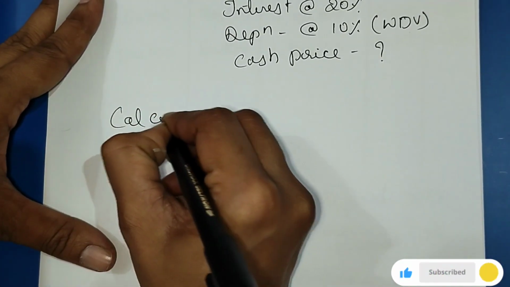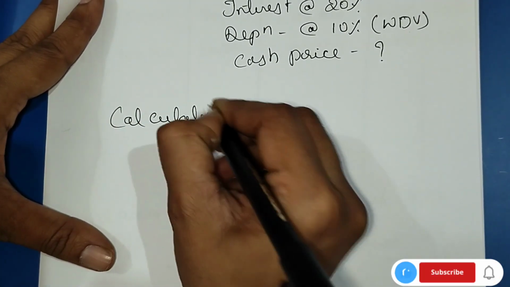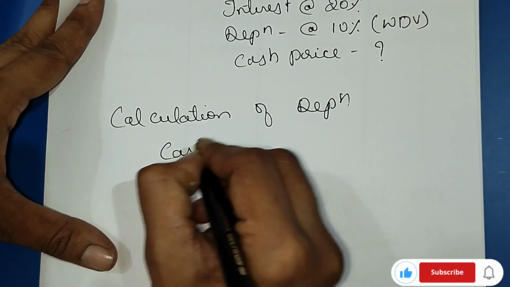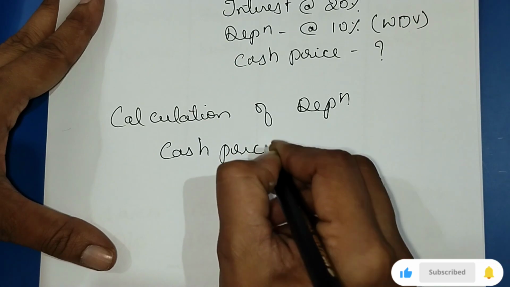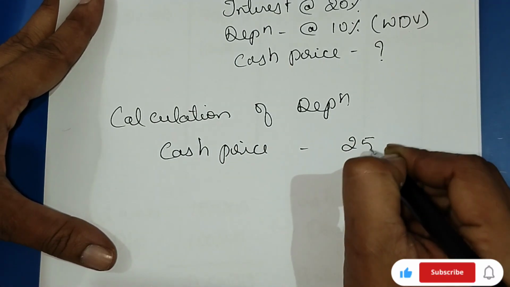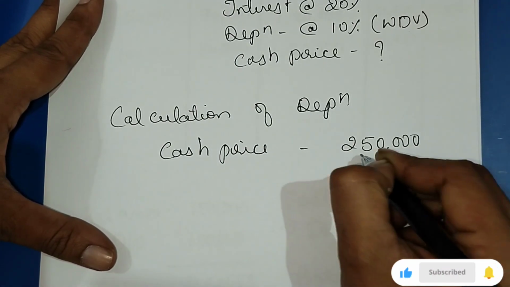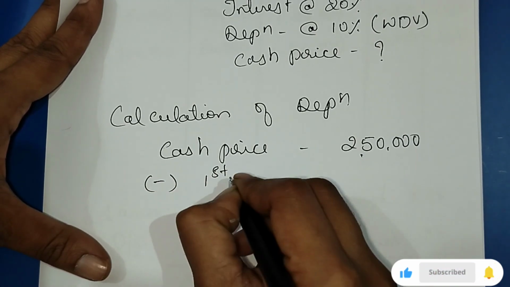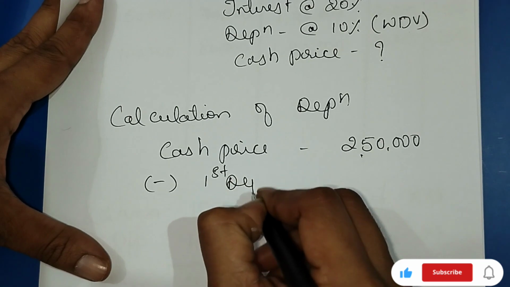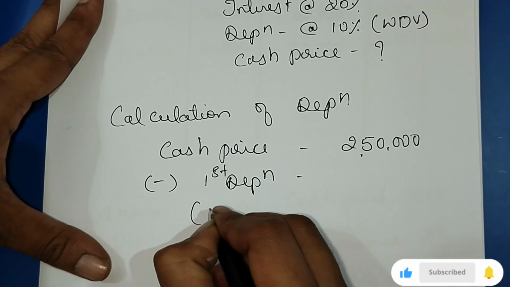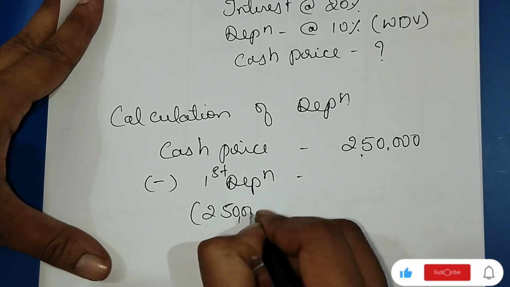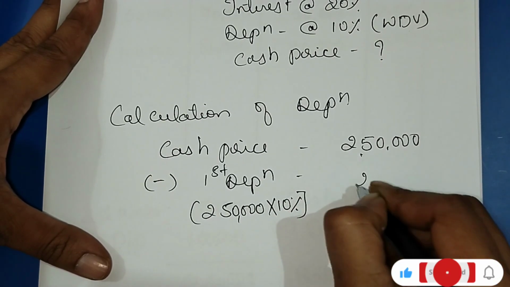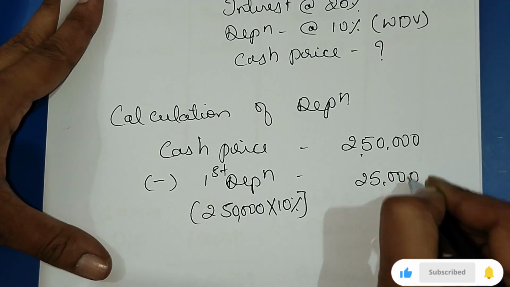So now we can calculate depreciation. What is the cash price of the asset? That is the cost of the asset, 2,50,000 for the van. On this we calculate first year depreciation. The depreciation rate is 10%. 2,50,000 into 10% is 25,000.